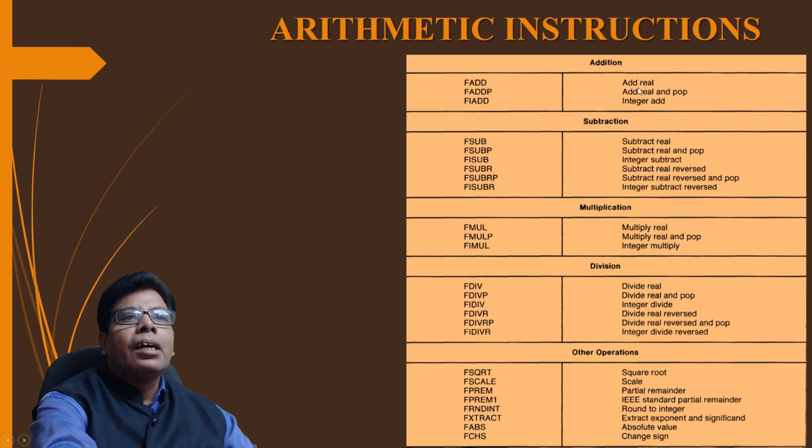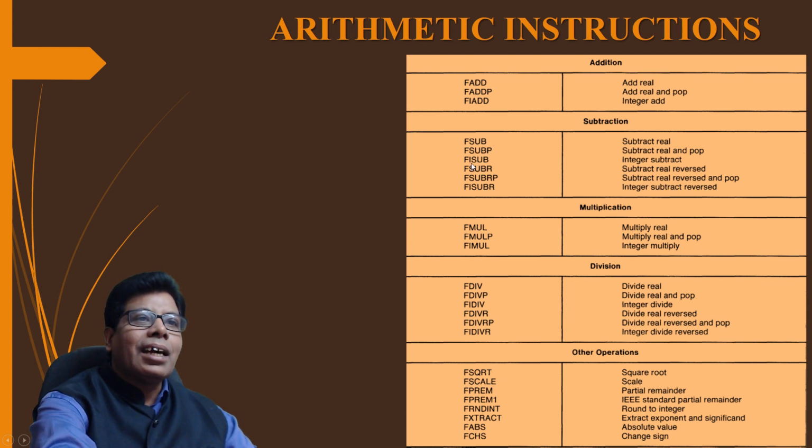That is for the addition of floating point numbers, then addition of floating point numbers with pop, and integer addition. Similarly, for subtraction, we have FSUB, FSUBP and FISUB.